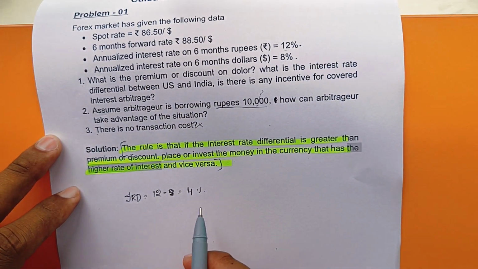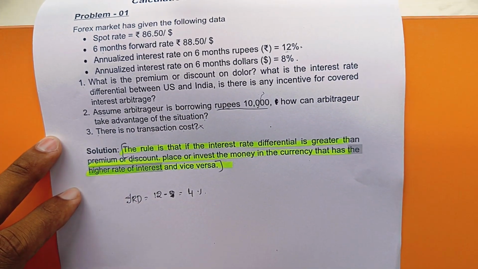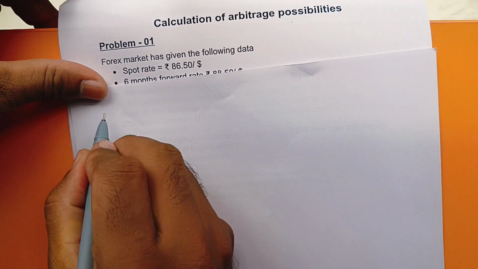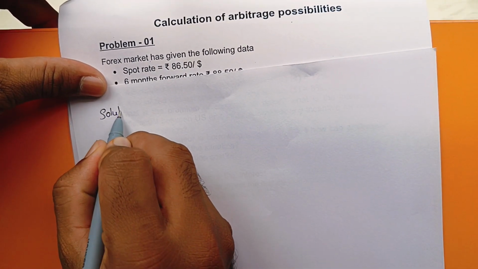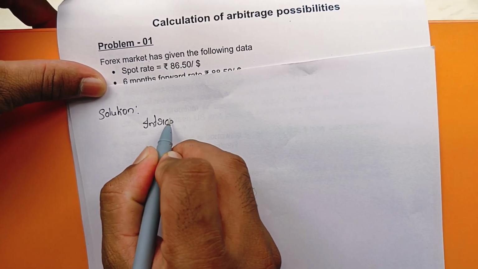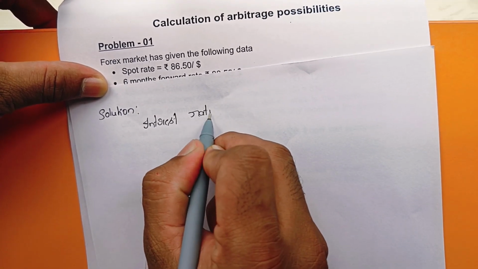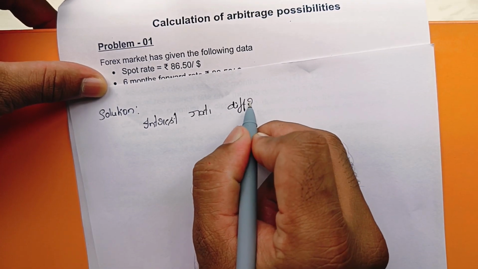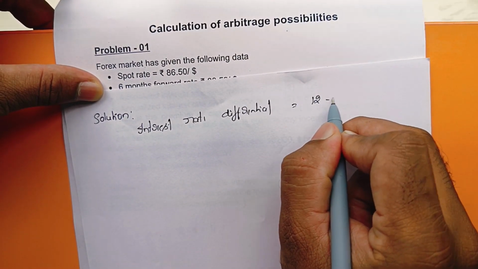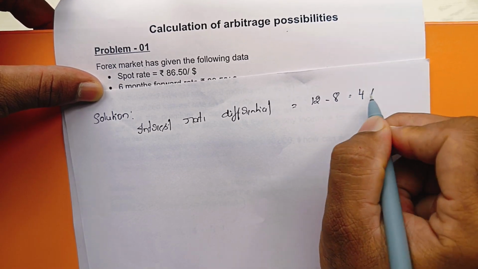Next, what is our calculation? Premium or discount. First, you need to write the solution. Interest rate differential equals 12 minus 8%, that is 4%.